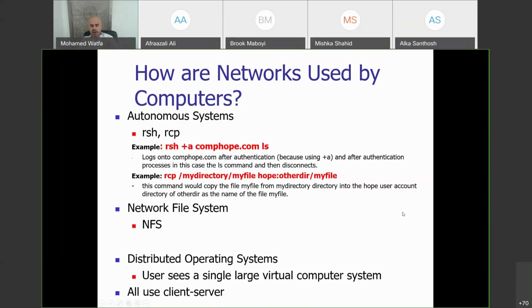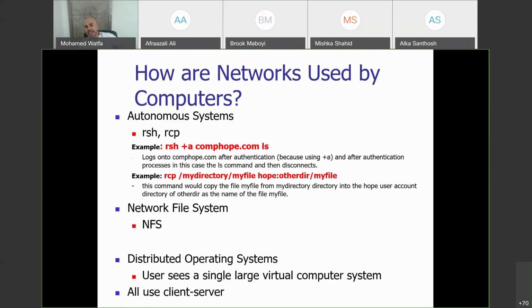So I could use the command prompt to copy from one user to another in one click. Again, not drag and drop and so on. It's command line. You can see we could use it for an autonomous system. We could use it for a network file system, meaning a file system within the network. Like if you work in a company or even in university, you have a C drive, a D drive, sometimes an H drive.